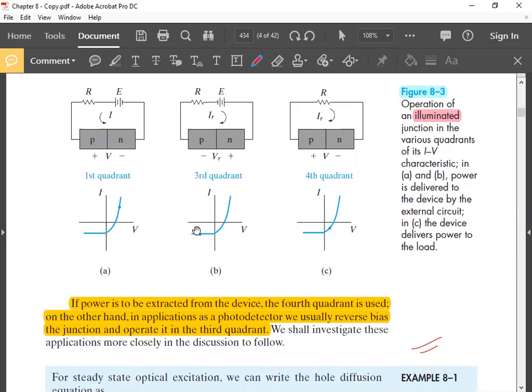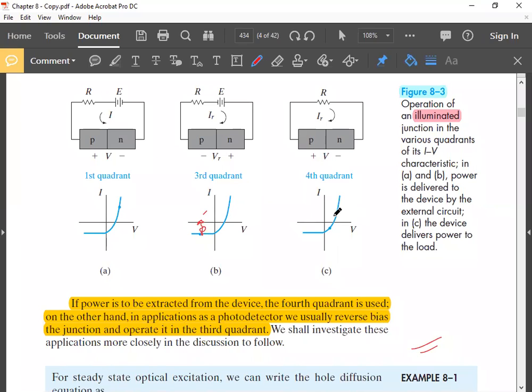This reverse current directly depends on optical generation G_OP. So you can use the photodiode as a photo detector when you operate it in the third quadrant.